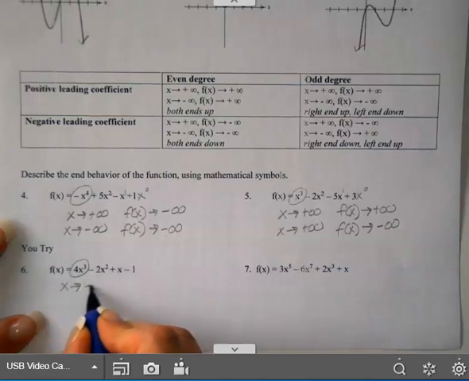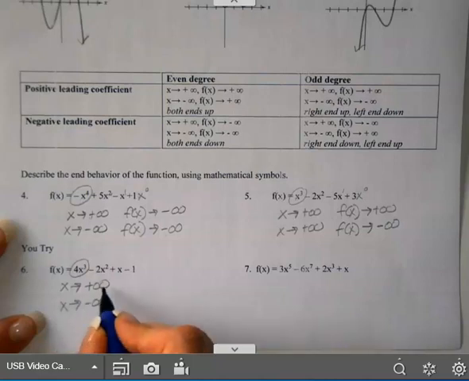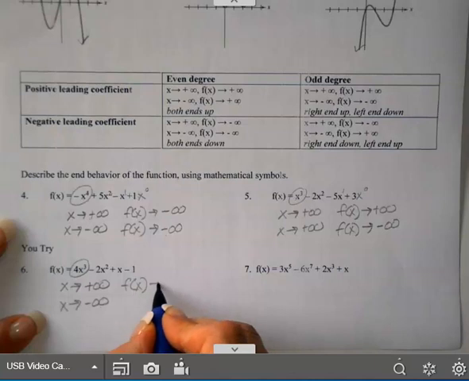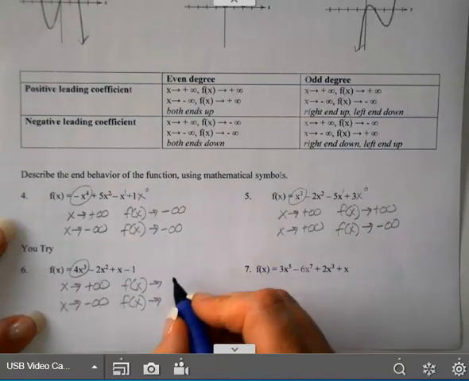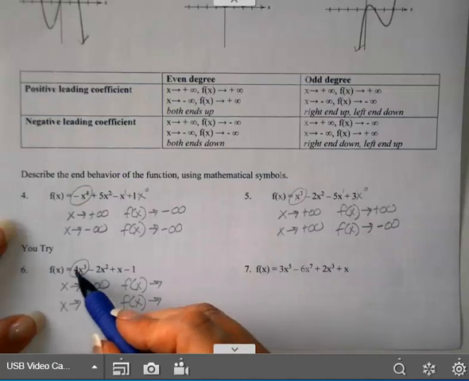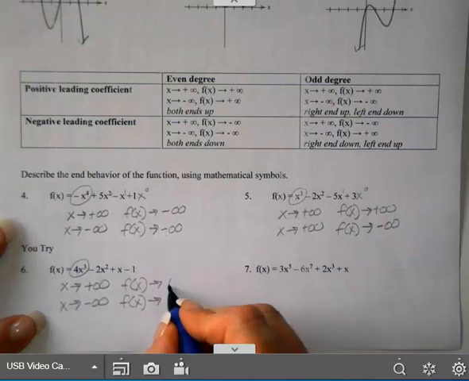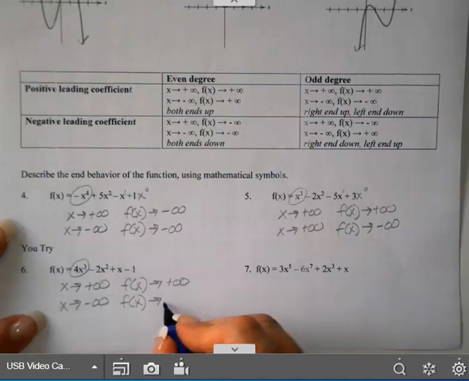So as x goes to the right and x goes to the left, so as I'm going to plus infinity and minus infinity, what happens with our function? So f of x, or y, in this case, my leading coefficient was positive. So as I go to the right, it's going to go up. My degree is odd, so they'll go opposite directions.